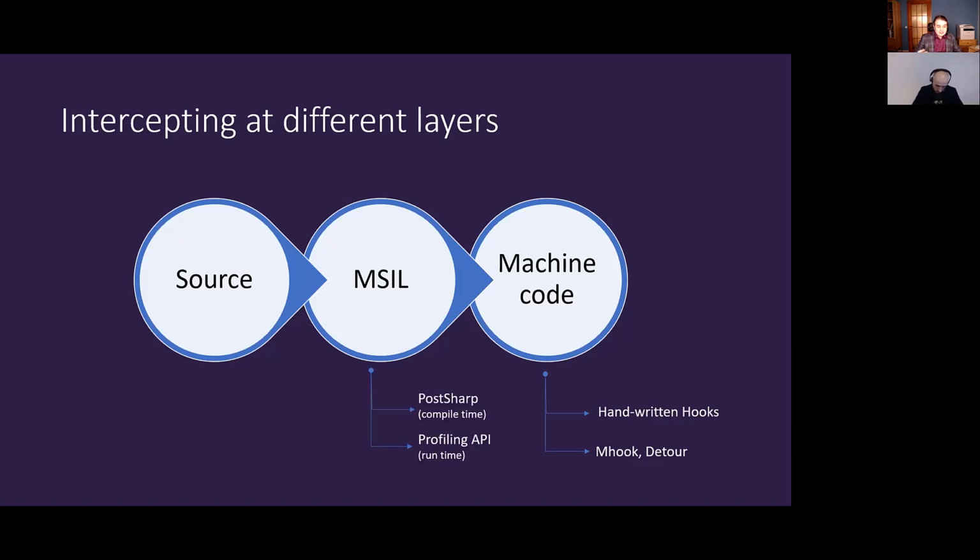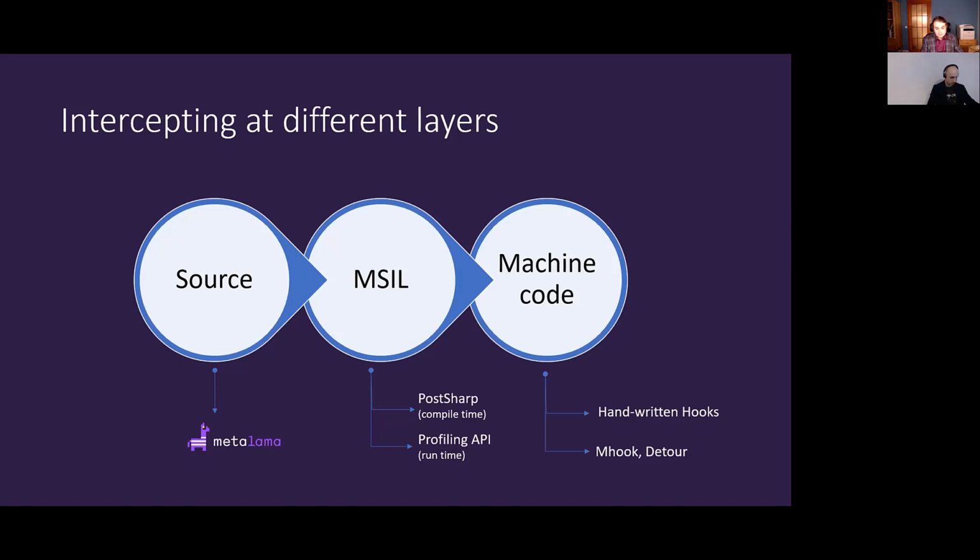PostSharp itself is a technology that allows you to replace a method body with another method body. We've built a complete product based on that. And today, I would like to introduce a product we've been working on for a year and a half, called Metalama.